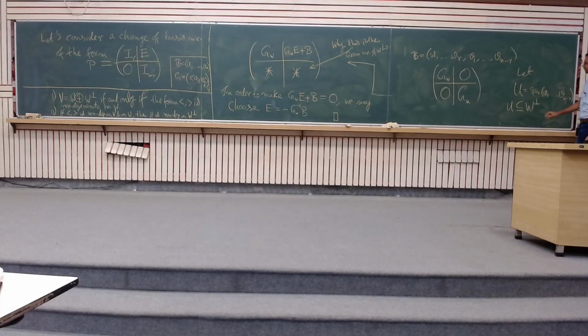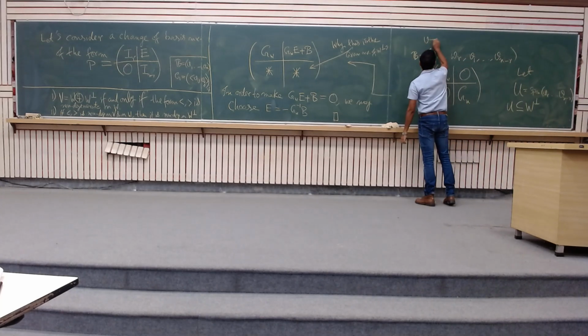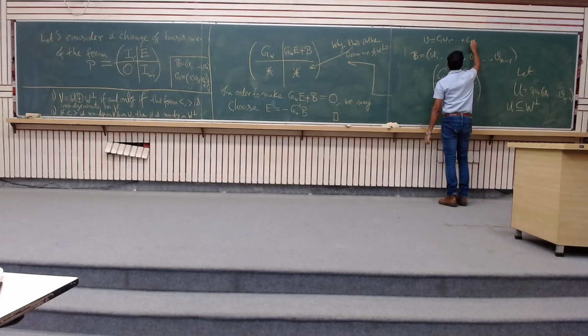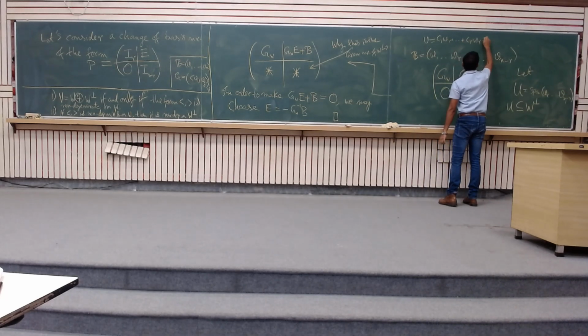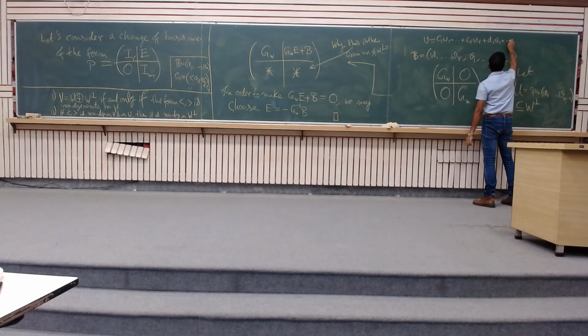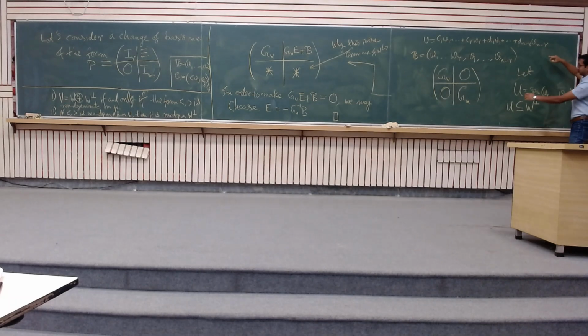On the other hand, if you have some vector which is perpendicular to W, that would mean some vector V equal to C1 W1 plus dot dot dot plus CR WR plus, say, D1 V1 plus dot dot dot plus Dn minus R Vn minus R. Now we would like to say that U is inside this.